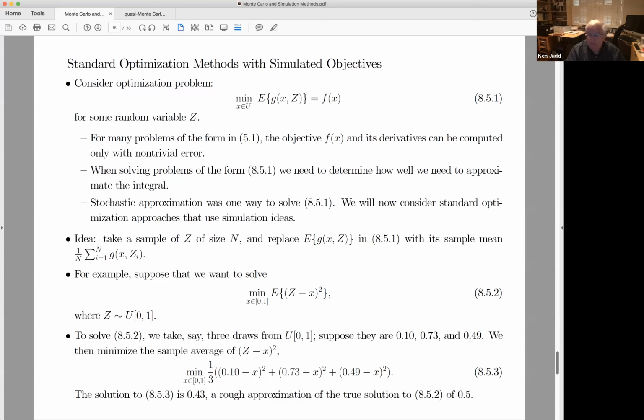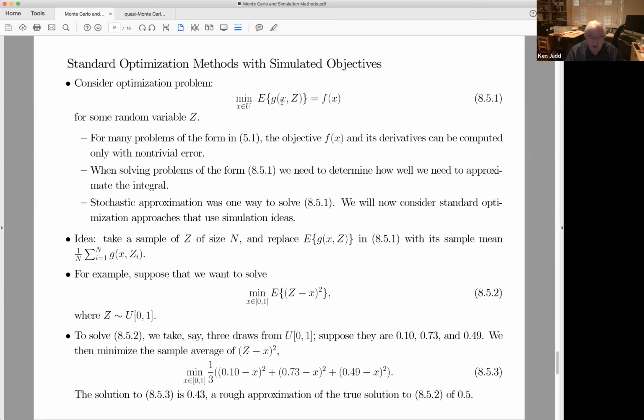Anyway, I want to get to the quasi Monte Carlo stuff. So here's an example. Suppose there's some parameter x, a value x that you want to choose to optimize this expectation. So x is, let's say, the weight you put in a portfolio between stocks and bonds, and the z here represents the random shocks to returns on assets.